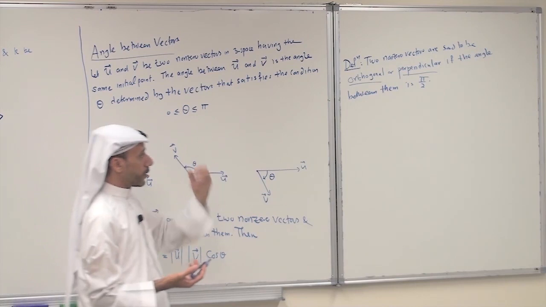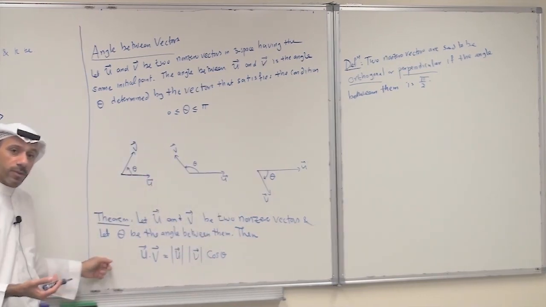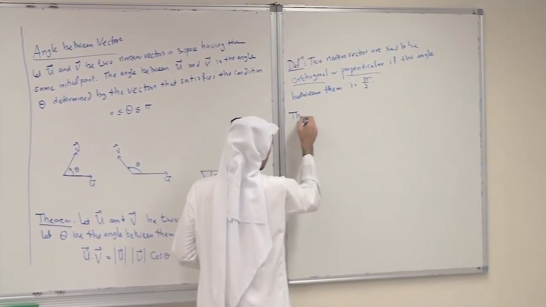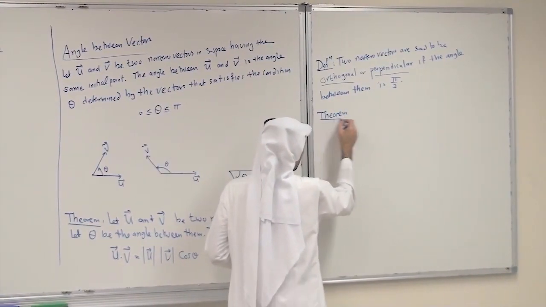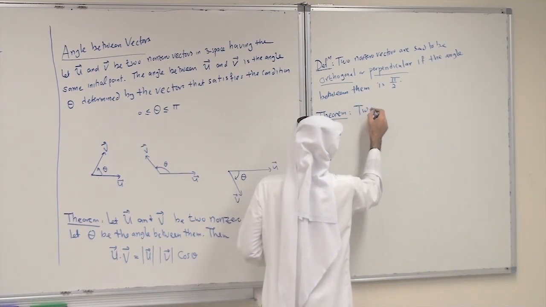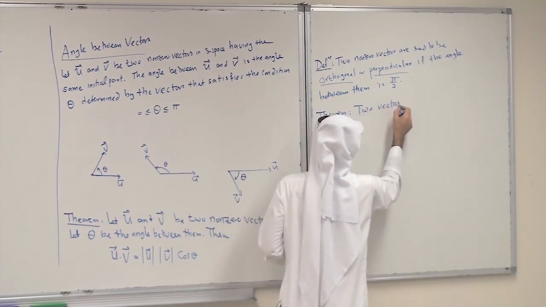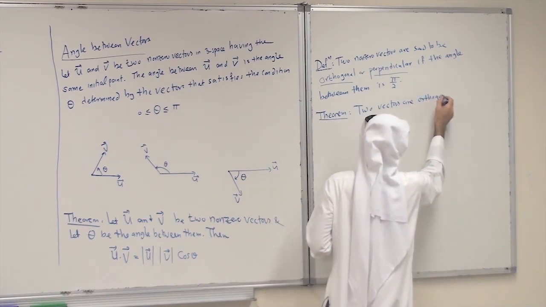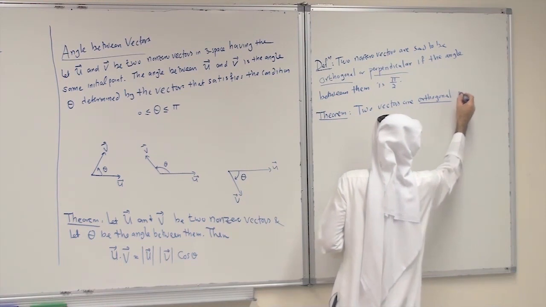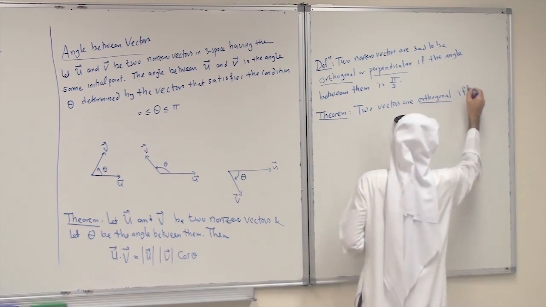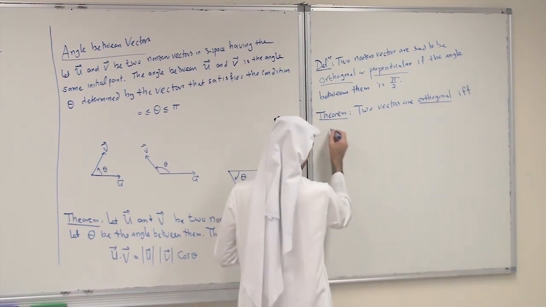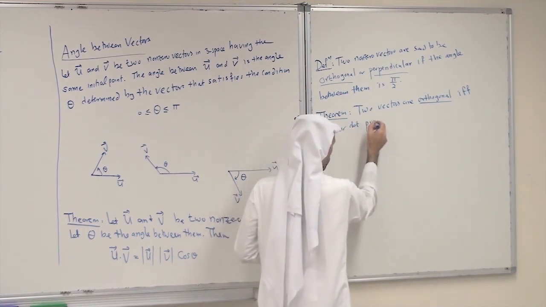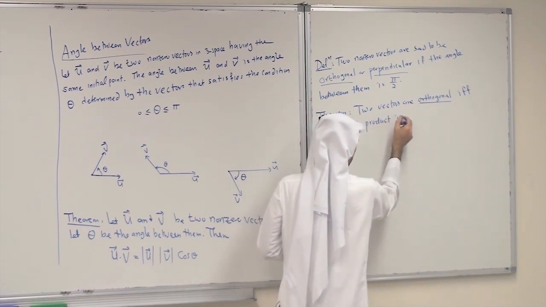In fact, with this definition and this theorem, we can have the following test. Theorem: two non-zero vectors are orthogonal if and only if their dot product is 0.